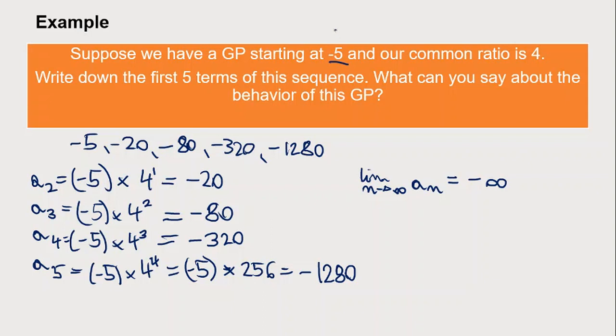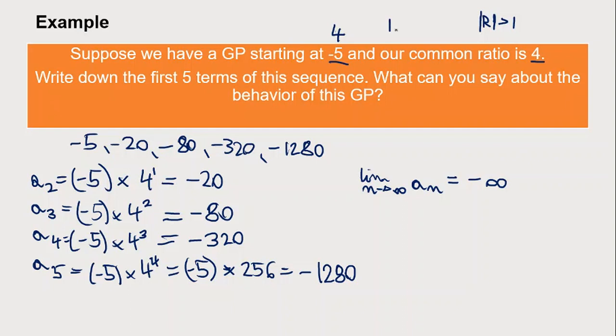If we start any sequence with a positive number, such as 4, and then the ratio is, let me rewind that, actually the modulo of the ratio is greater than 1, then we always have a divergent sequence, meaning that it will go to either minus or positive infinity.